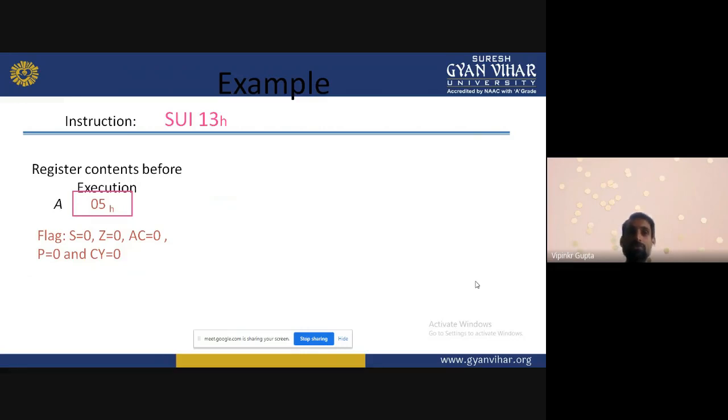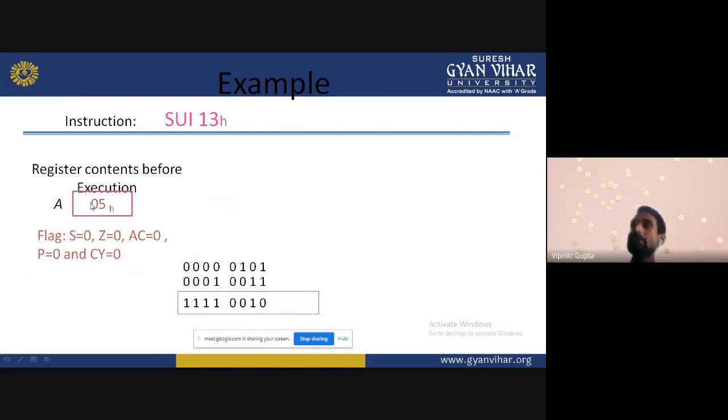So how is this operation performed? Whatever data is given in the instruction is subtracted from the accumulator data. So we are converting that data into the binary number. So 0 equivalent is 0000. 5 equivalent is 0101.